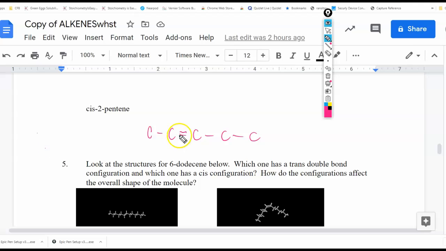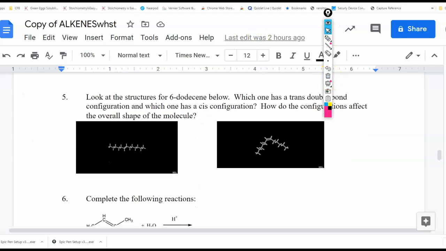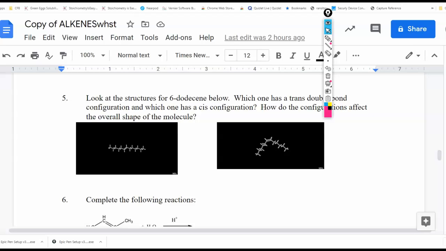That means that there is going to be an H here and an H here, with the rest of these all having their H's, of course, showing just like this, and that should be what you got. So the H's should have been on one side with the other parts on the other side. That's our cis-2-pentene.